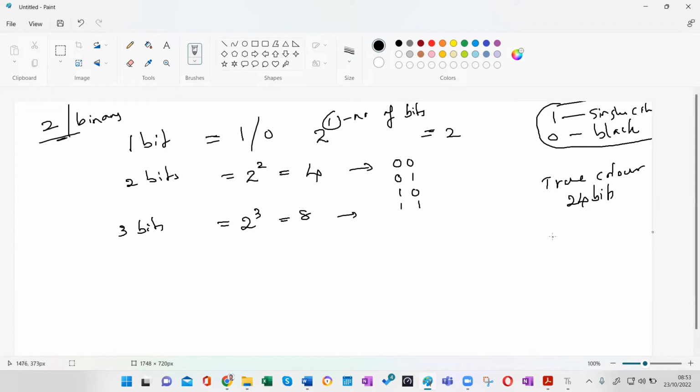That means you can represent 2 to the power 24 colors. That's huge. And this amount of colors means you're going to show an image which is almost the same as the real picture. That's why it's called true color.